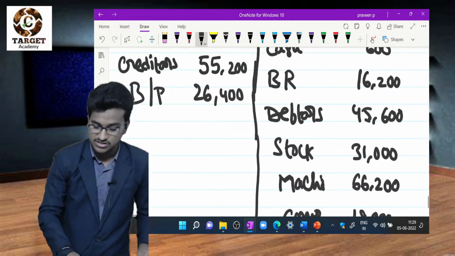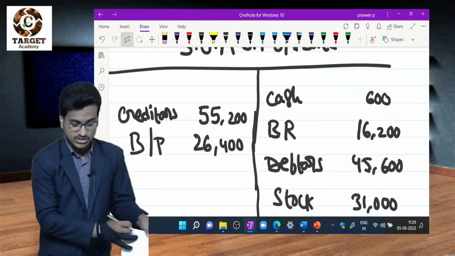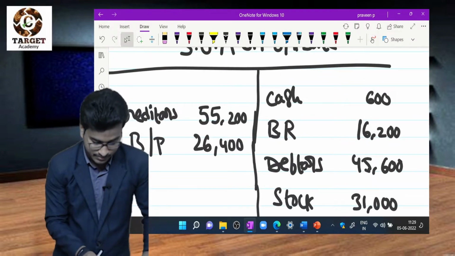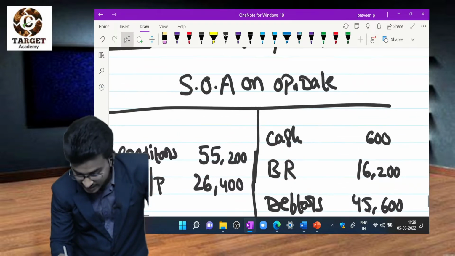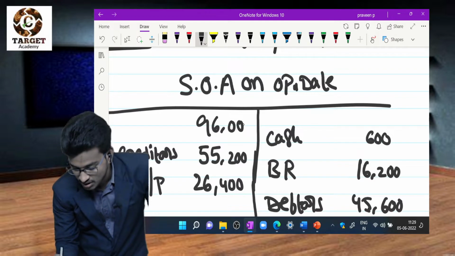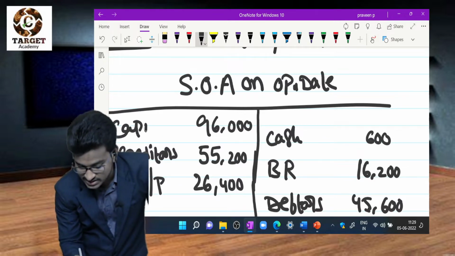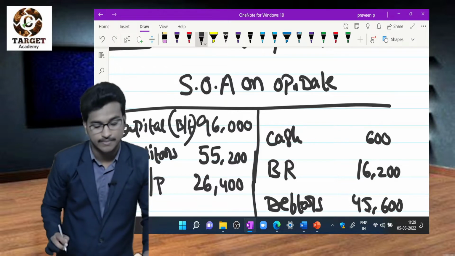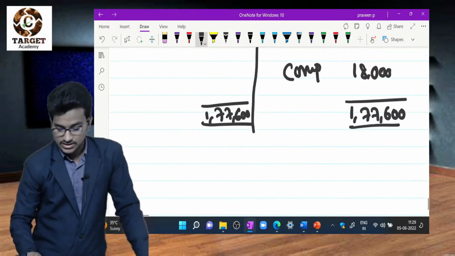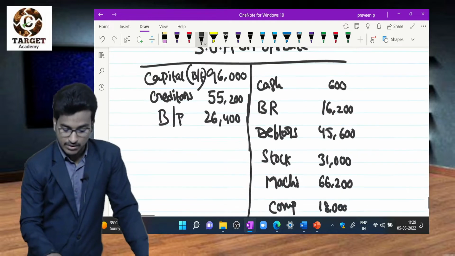Now tell me the balancing figure on the asset side. 96,000 is the balancing figure. What is this balancing figure? This is capital, that means opening capital. Correct? Step number 1 is complete.